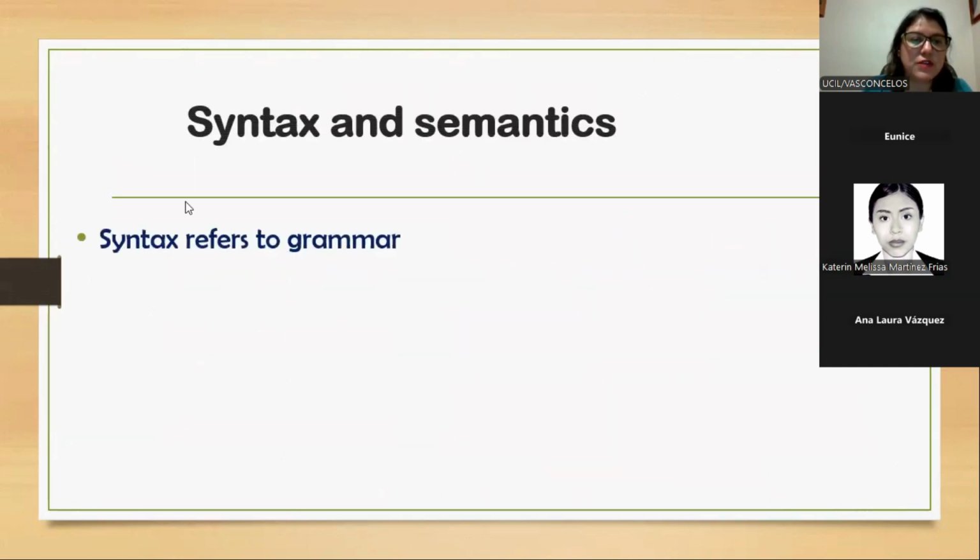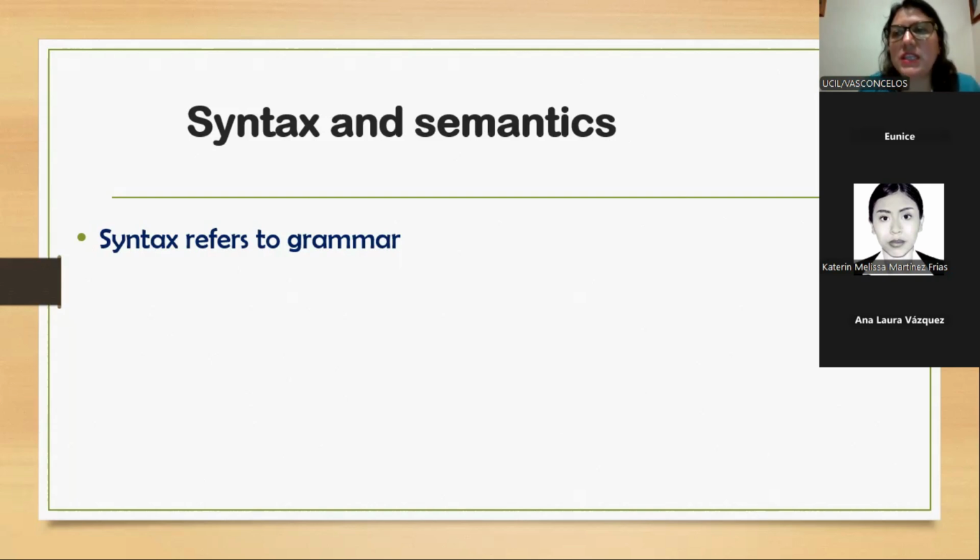The syntax refers to grammar. And what is semantics, teachers? What does semantics refer to? I think it is the meaning, the study of meaning in language.